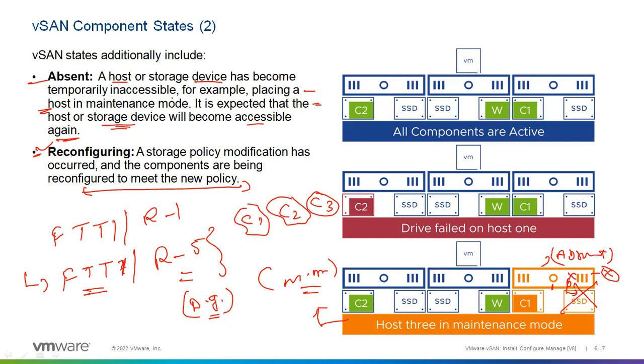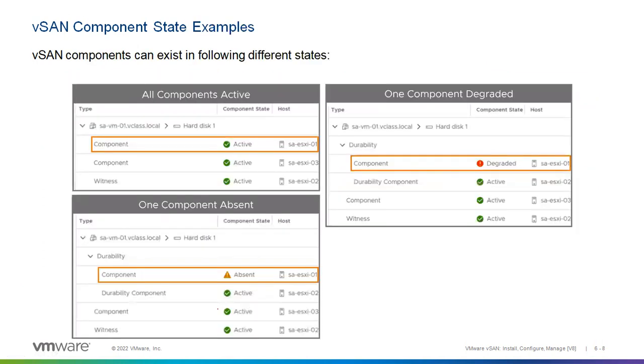Okay, sir, like planned failure, unplanned failure. Yeah, another way you can say, that's a right example. When we say planned maintenance. So just for an example, if all my components are active, you are seeing here the component is absent for this ESXi1.